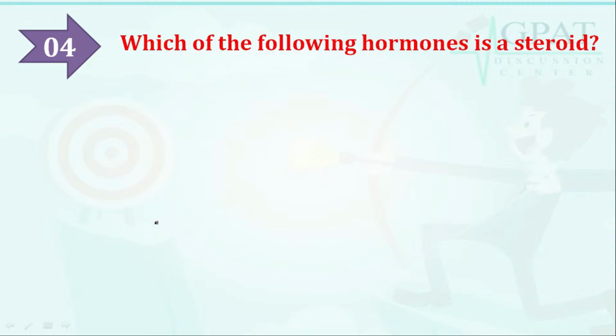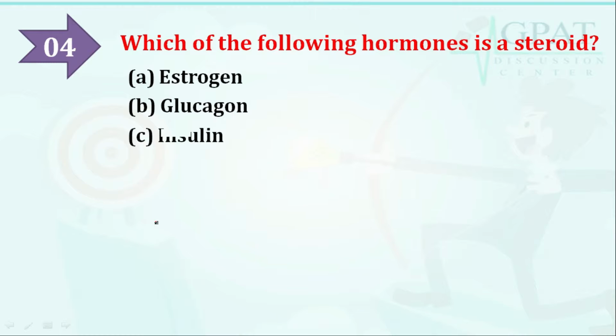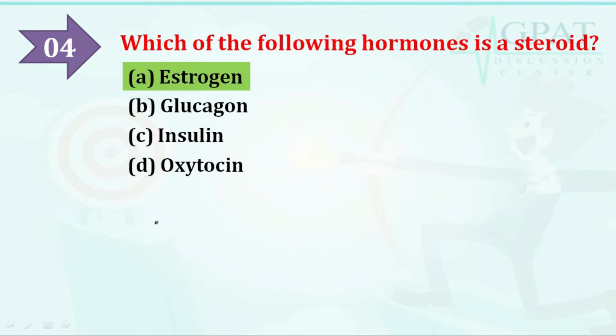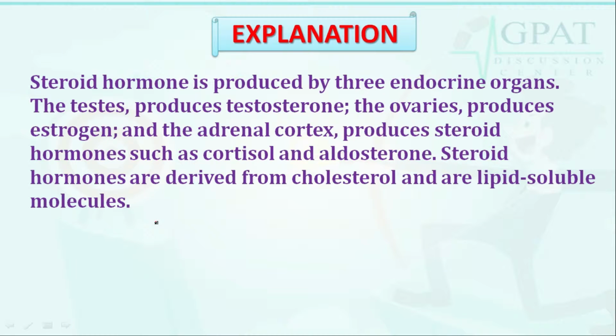Which of the following hormones is a steroid? Options are: option A, estrogen; option B, glucagon; option C, insulin; option D, oxytocin. The correct answer is that estrogen is the hormone which is a steroid. Let's discuss it with the help of detail.